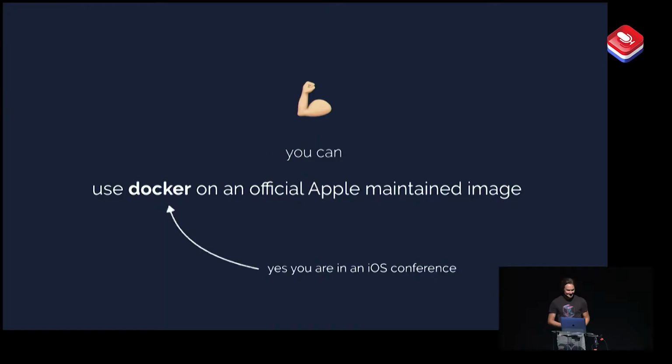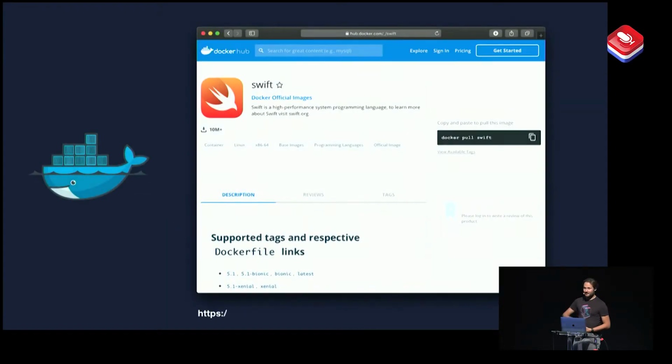But about deploying stuff or testing on Linux on your Mac machine, we can now rely on Docker. And yes, there is an official image. And yes, you're still at an iOS conference talking about Docker. So an official support for Docker means that it's on the Docker Hub.